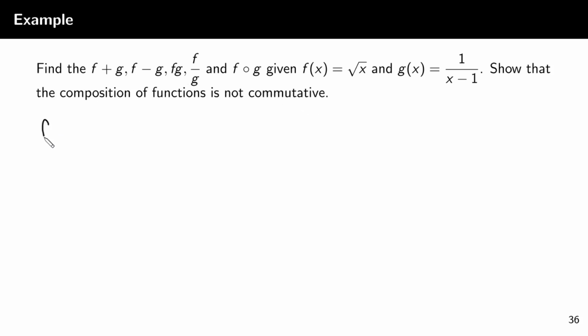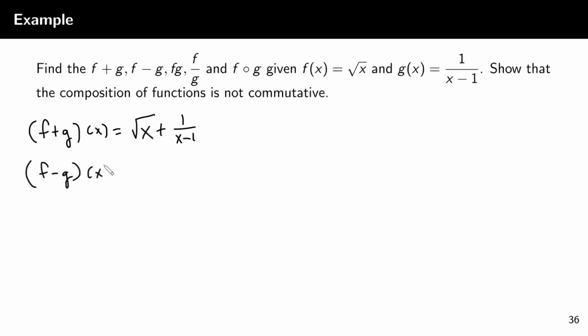So, f plus g is just the sum of f and g. So, square root of x plus 1 over x minus 1. So, f minus g is just the difference. So, square root of x minus 1 over x minus 1.